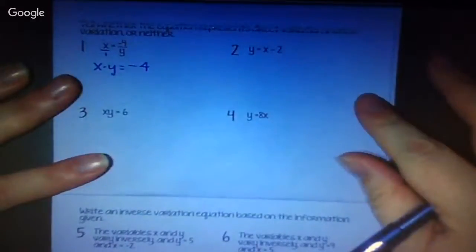If I multiply this by -4, it doesn't fix anything. Okay, so you can look at this one of two ways. I can multiply both sides by y, or the same thing as putting this over 1 and cross multiplying, because then that makes this x times y equals -4. So either way works.